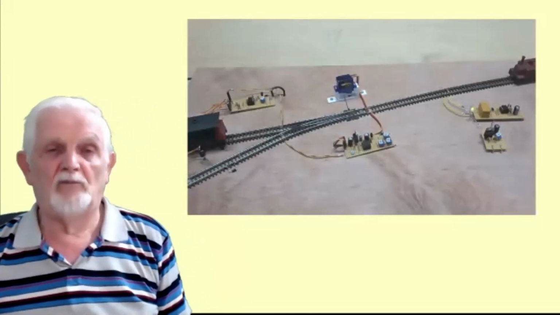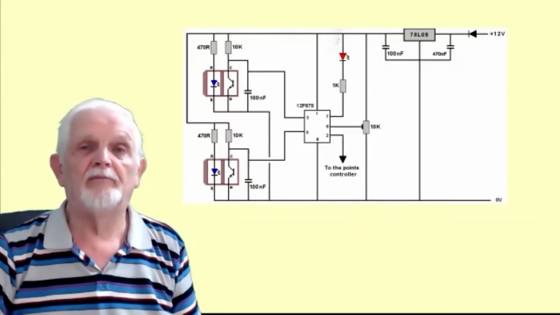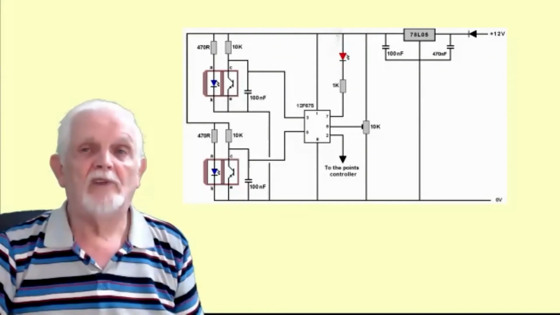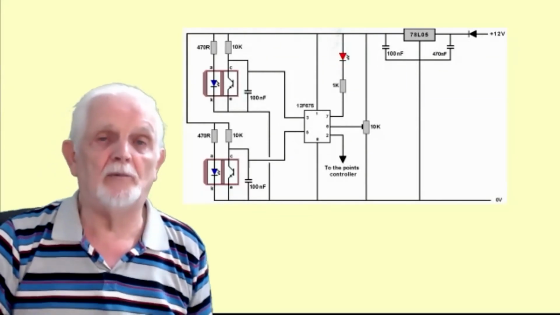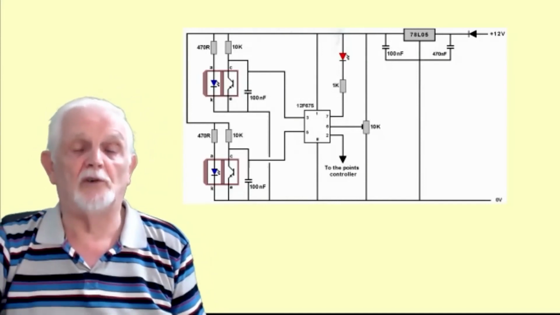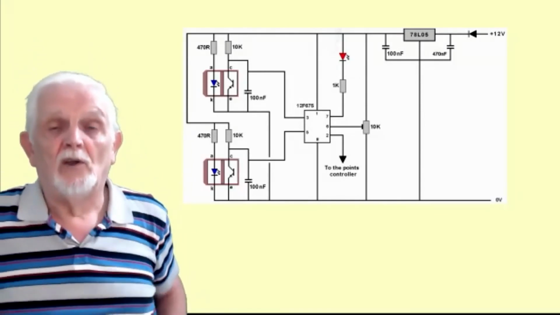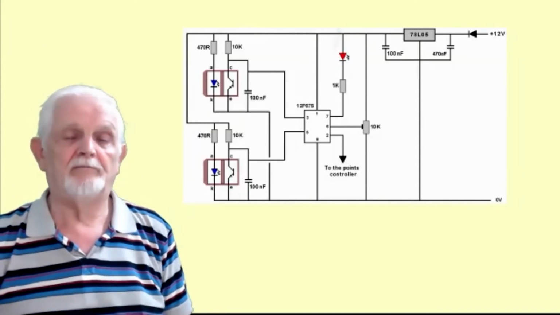So we're using reflection in that example. That's all there is to it. 2 TCRT 5000s, each feeding into a PIC which controls the point, and a little pot to decide what delay they're going to allow between a loco coming in and getting out.